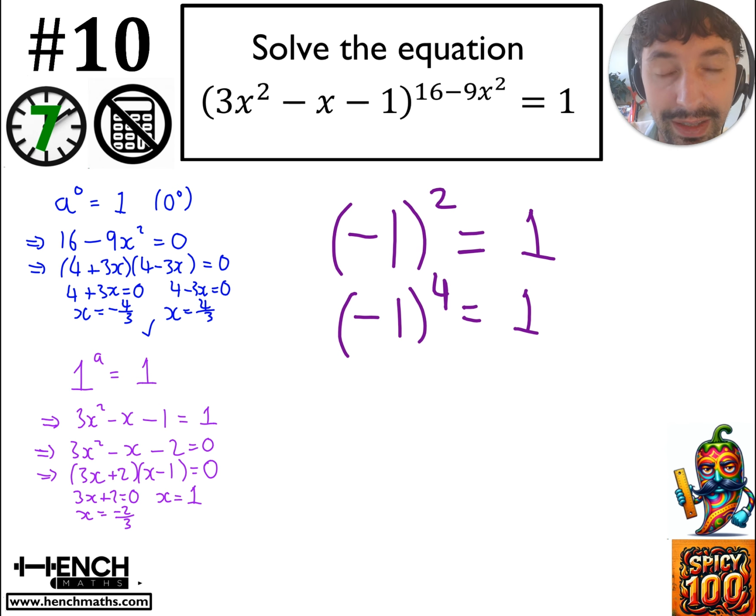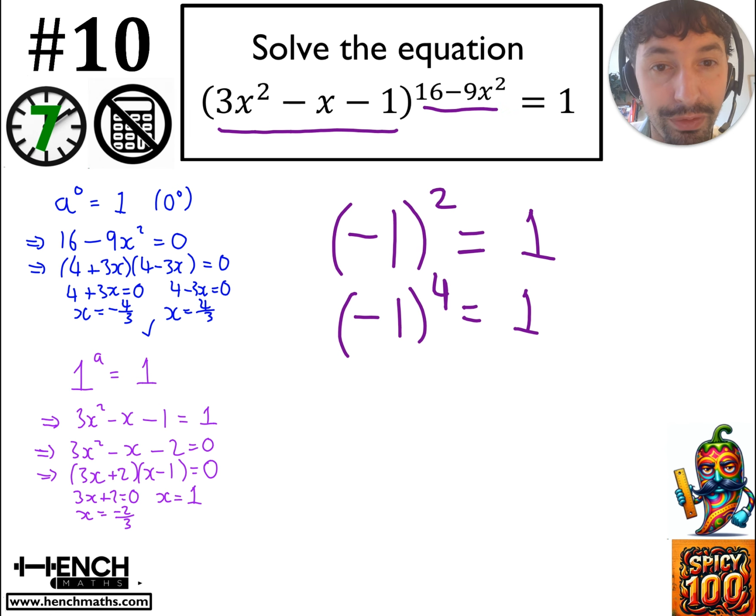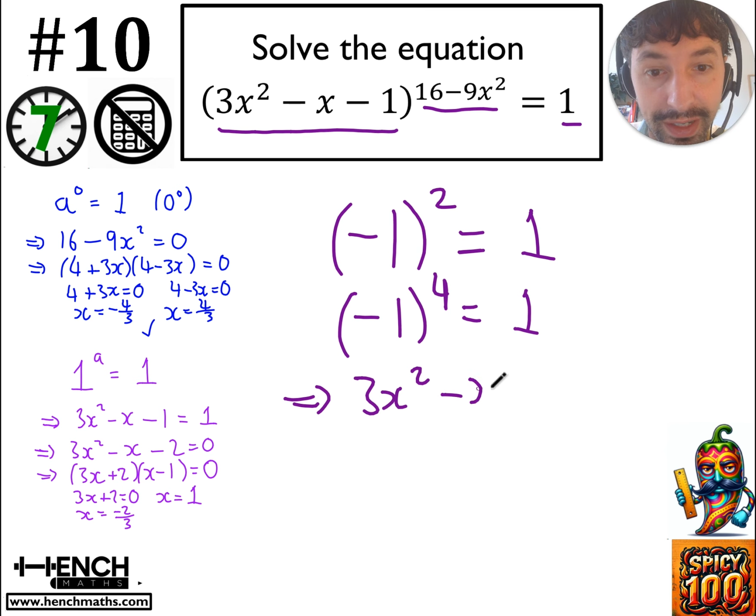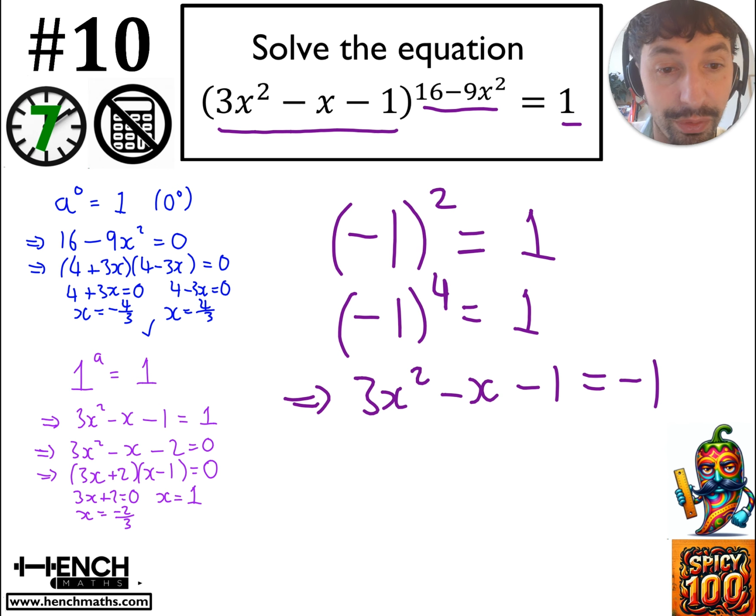So this means that if we make our quadratic expression equal to negative 1, as long as we've got an even power, it would still give us this 1 that we want. So this implies that if we equate 3x squared subtract x subtract 1 to negative 1 and solve this, we'll maybe find some more solutions.